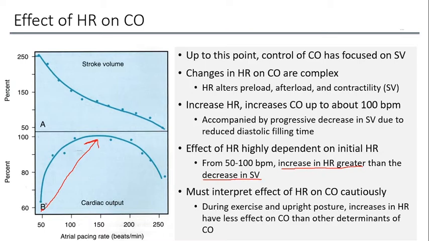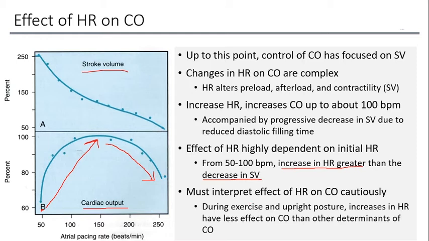So we're seeing this jump in cardiac output going from resting to 100 beats per minute. And then, as we reach 100 and go above, if nothing else is changed, that reduction in diastolic filling time can ultimately impact stroke volume and therefore cardiac output, right?